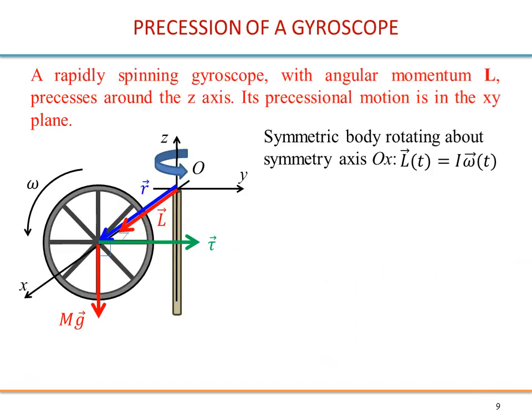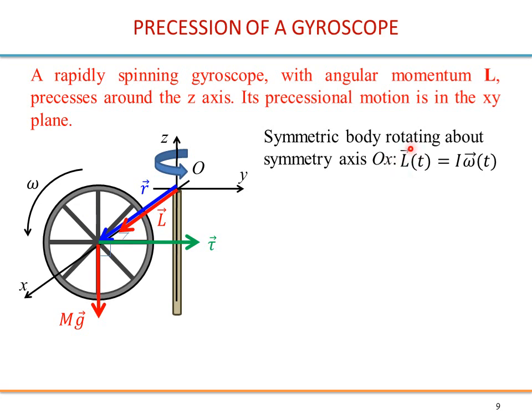Now we have a rapidly spinning gyroscope. It's rotating like this, therefore we have an angular momentum along this direction. It's a symmetric body. So we still have our gravity, we still have that torque. The only thing is that we now have a large angular momentum here because of this rotation.